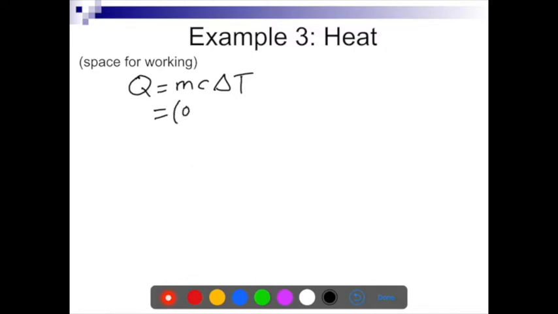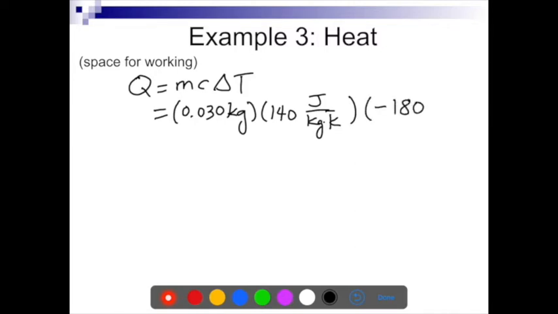Mass is 0.030 kilograms. Specific heat C is 140 joules per kilogram Kelvin. Okay. And delta T, change in temperature, we solved earlier as negative 100 Kelvin.